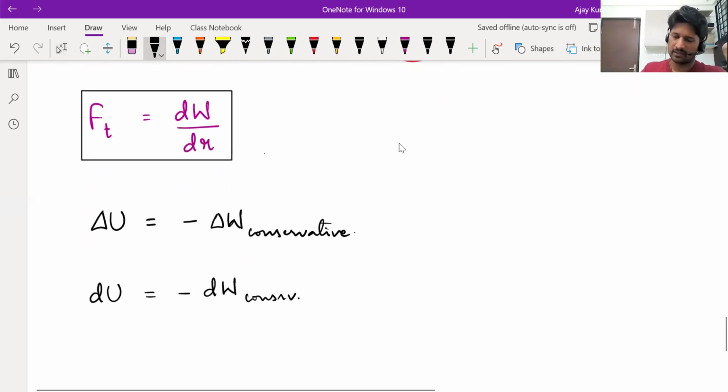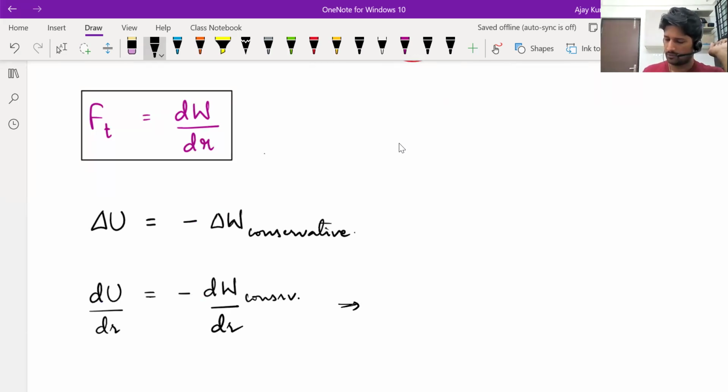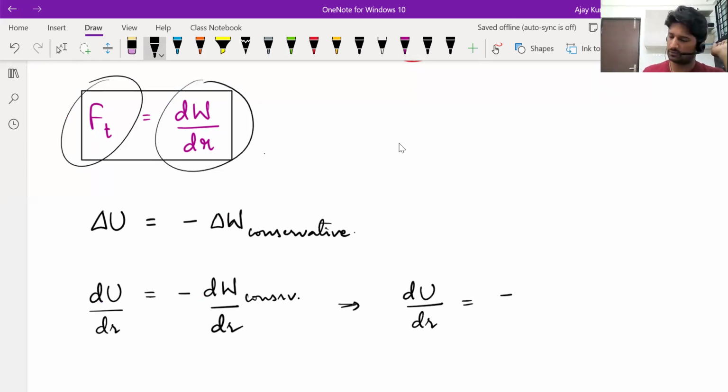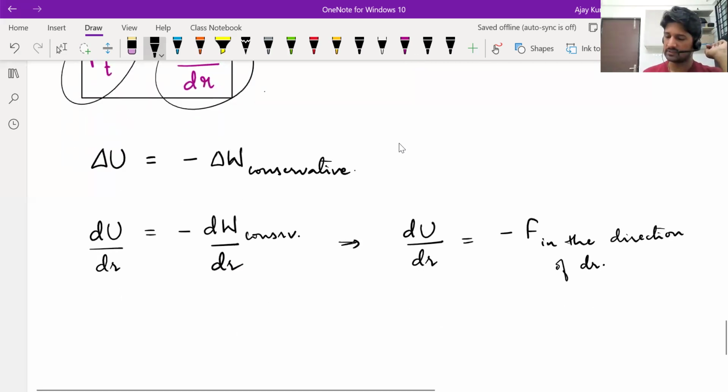Now differentiate, or not differentiate, just divide by dr on both sides. What do you get? dU by dr is equal to minus dW by dr. Now dW by dr is nothing but tangential force. So this is nothing but force in the direction of dr. Force in the direction of displacement. Okay. So this is the basic relation.